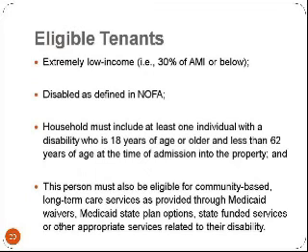So if someone ages past 62 while they're in the program, they don't get kicked out; they can stay. And the fourth bullet in the NOFA is pretty clear that it's around services, and it says that a person must be eligible for community-based long-term care services as provided through Medicaid waivers, Medicaid state plan options, state-funded services, and/or appropriate services related to their disabilities.